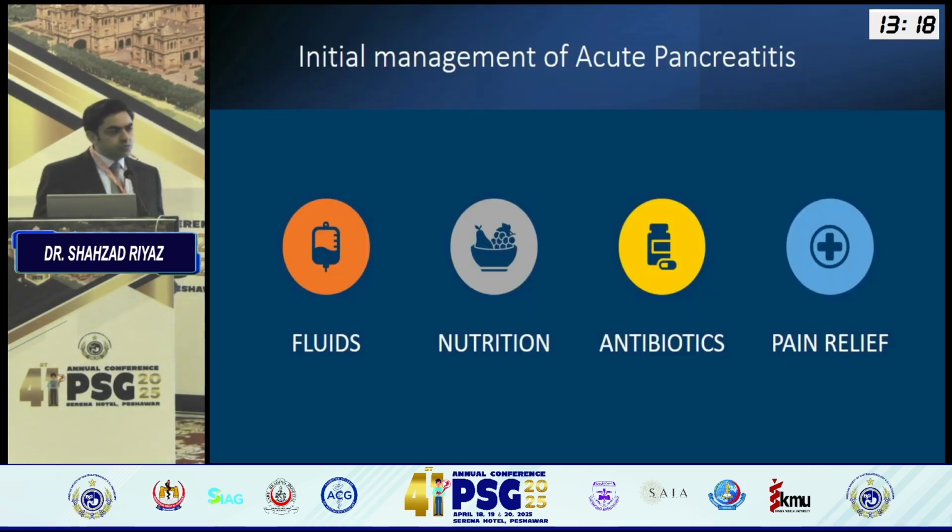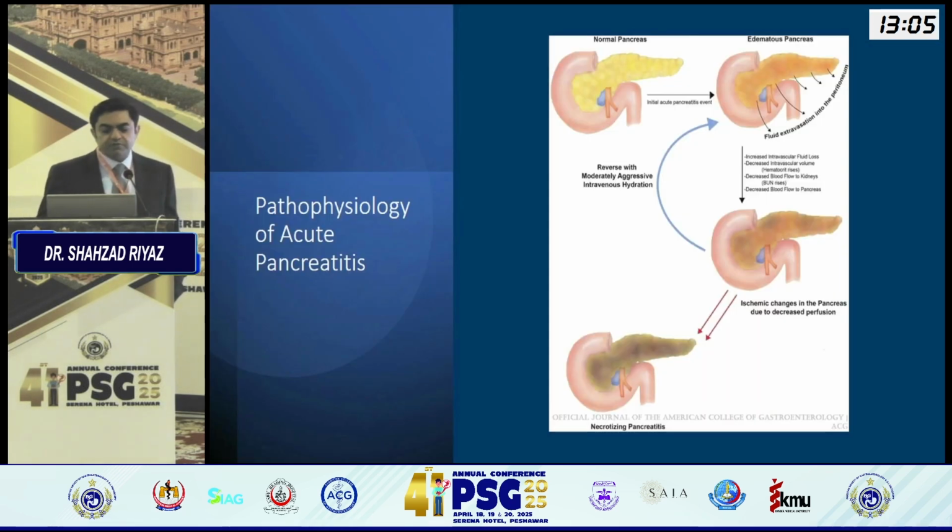So moving on towards the topic of the initial management, which is fluids, nutrition, antibiotics, and pain relief. These are the four giants of the management of acute pancreatitis, and I'll be only concentrating on the fluid side of things. In simple terms, in the pathophysiology of acute pancreatitis, there's inflammation of the pancreas that leads to leakage of fluid through the capillaries, that then leads to hypoperfusion and necrosis of the pancreatic tissue.